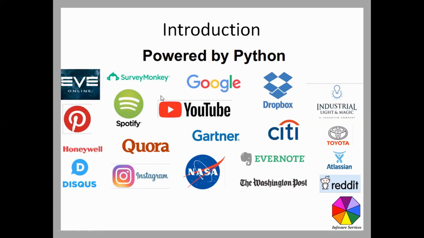Python is used in some of the most popular organizations like Honeywell, Google, NASA, Facebook, Toyota. All of these major organizations are already running Python, Citi, Dropbox, and so on. YouTube, Spotify, all these companies have their software powered by Python.